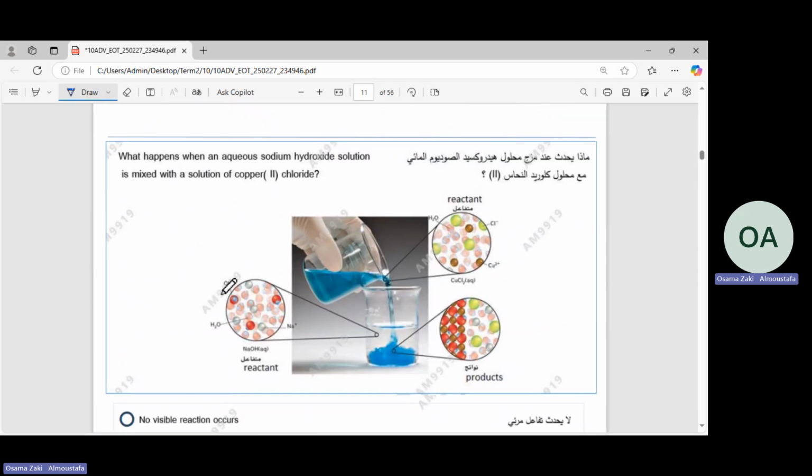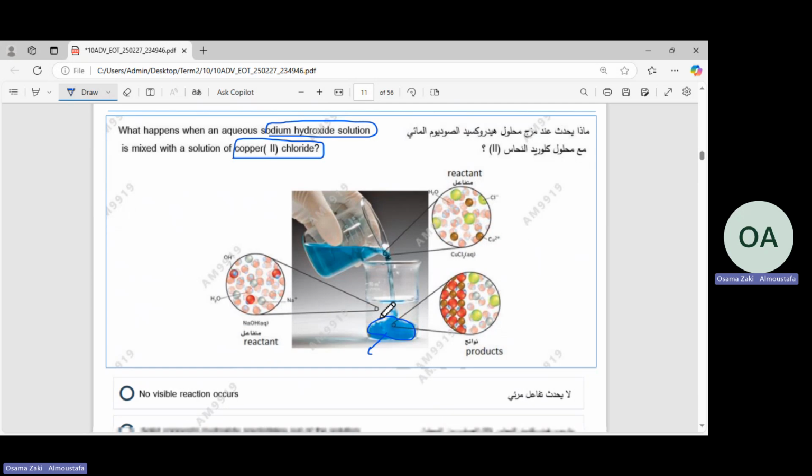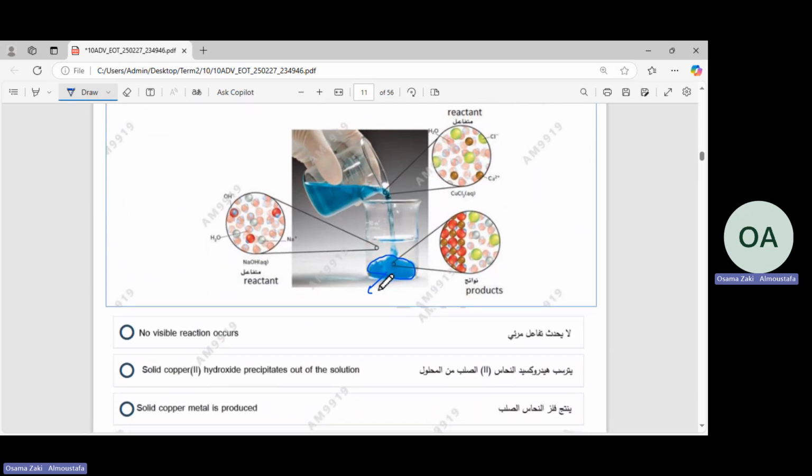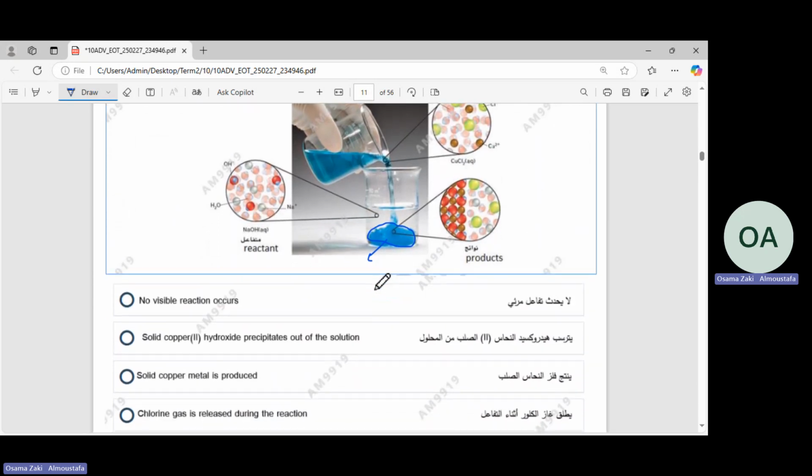Next question. What happens when an aqueous sodium hydroxide solution is mixed with a solution of copper 2 chloride? Copper 2 chloride. So there's a reaction between them. Look, this is a precipitate. So there's a reaction.